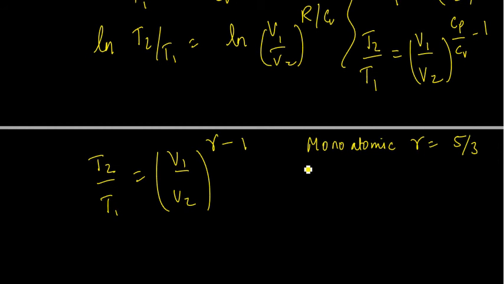So for polyatomic gamma is 4 by 3, and for diatomic it's somewhere in between. So what's important is that this gamma is always greater than 1.